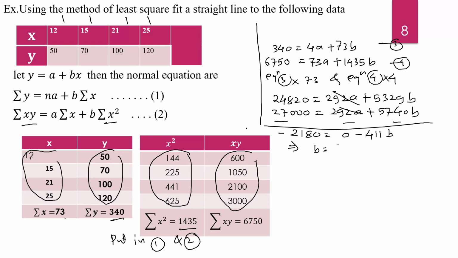That is b is equal to 2,180 divided by 411, that is b is equal to 5.304. Put this value in equation 3.